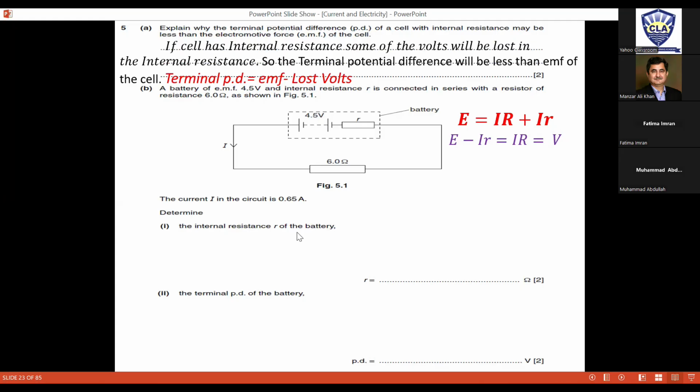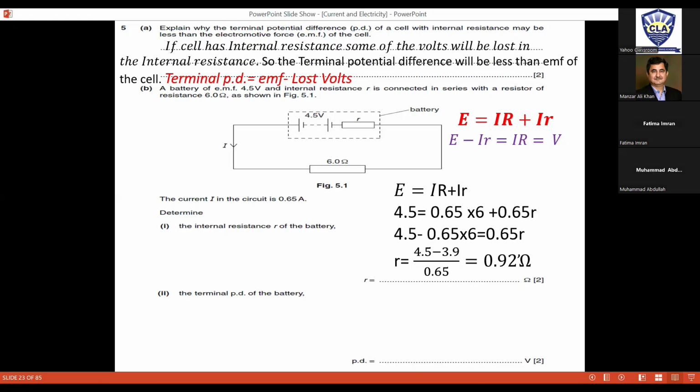Now they have given us the current, we know the external resistance and the EMF. We want to find r, so we make small r the subject. That is E equals IR plus I into small r. From here we can find the value of internal resistance. Subtract the terminal potential difference from 4.5, divide by the current and you will get the value of internal resistance.